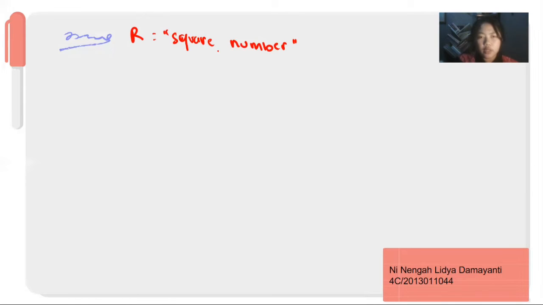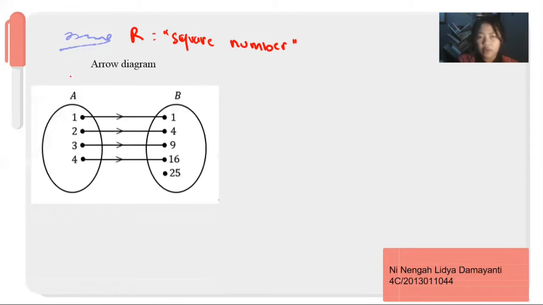The first, we will talk about the arrow diagram. Now, we have a set A, with members 1, 2, 3, and 4, and then set B with the members 1, 4, 9, 16, and 25.